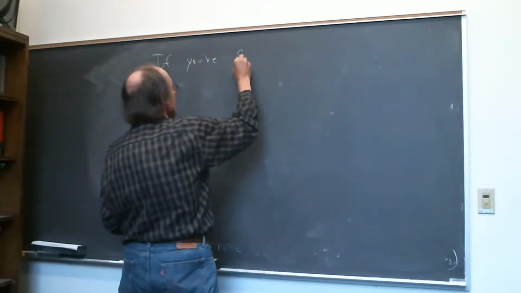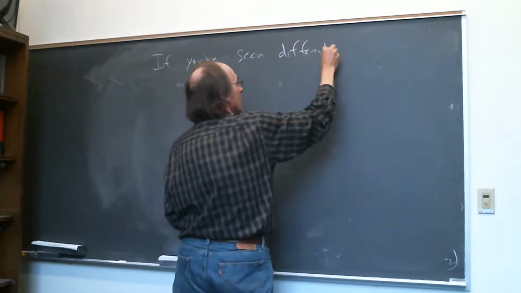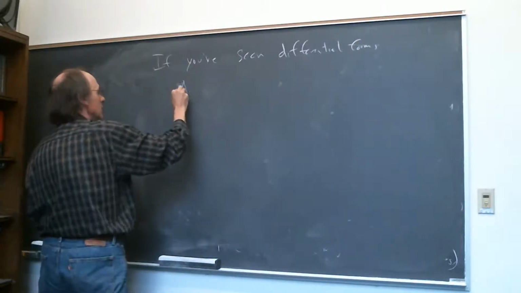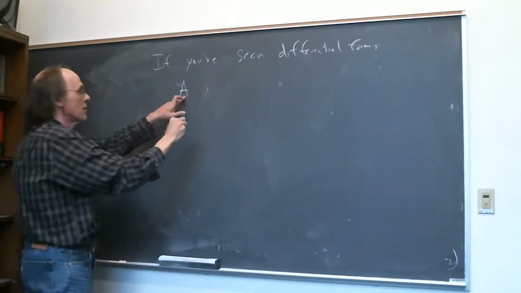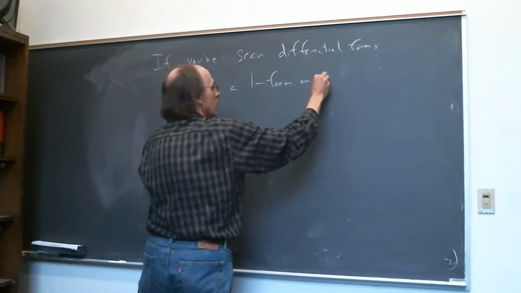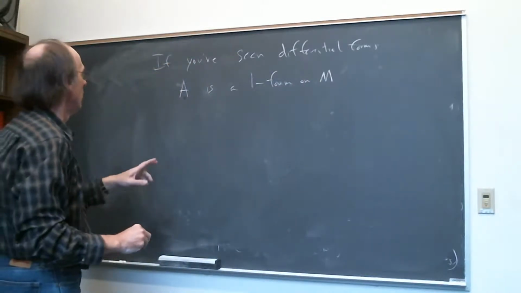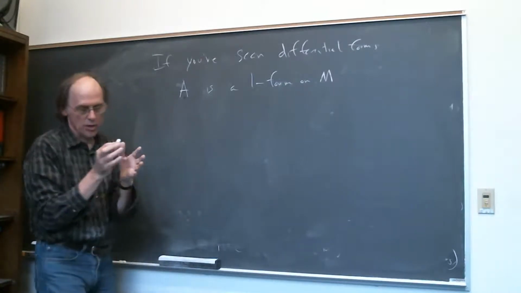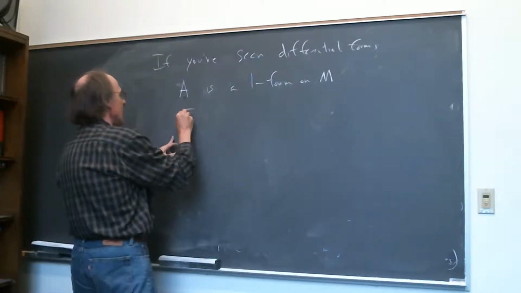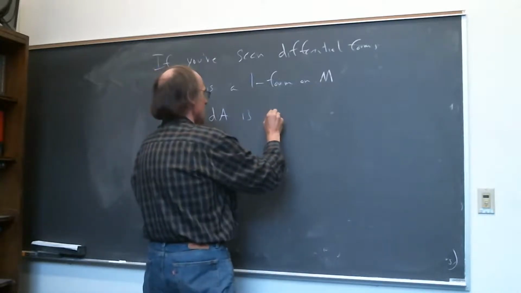If you've seen differential forms, what you want to do is say that A, the vector potential, is a one form on M. And then there's this thing called the de Rham differential, which takes one forms to two forms, and F equals dA is a two form.